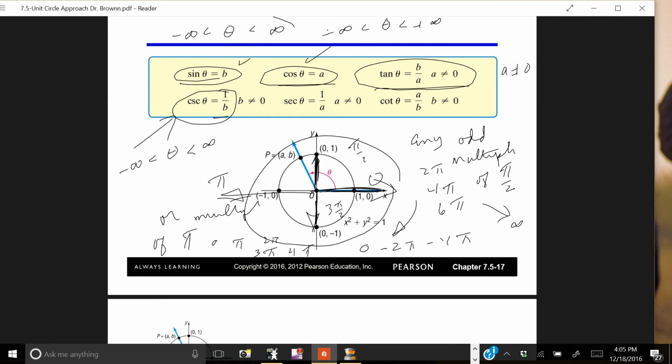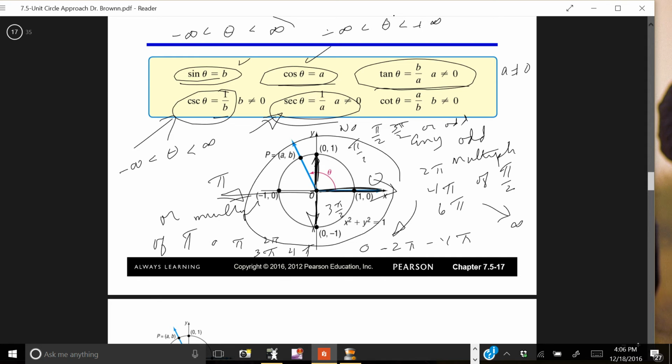Now, for secant, everything is fine except when a equals 0. So when a equals 0, that rules out pi over 2, 3 pi over 2, or odd multiples.